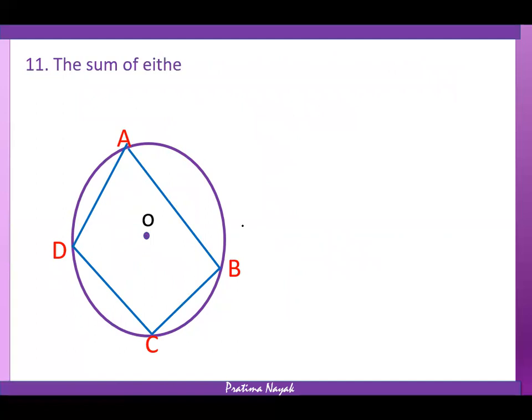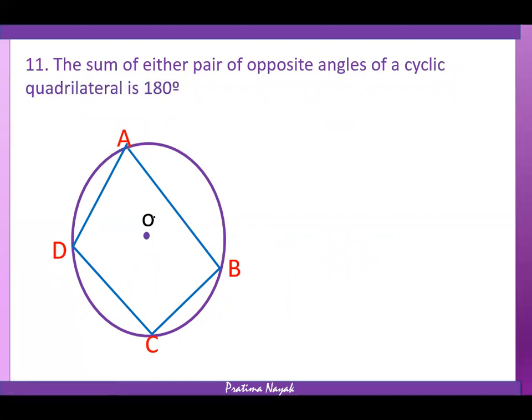Next, the sum of either pair of opposite angles of a cyclic quadrilateral is 180 degrees. What is a cyclic quadrilateral? One where all the points of a quadrilateral lie on the circle. That is called cyclic. ABCD is cyclic.